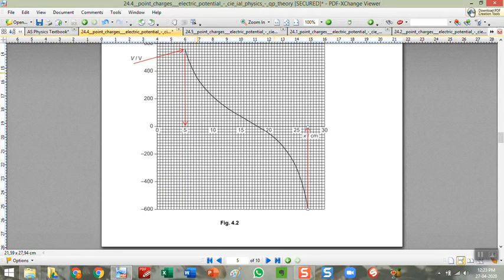The slope is constantly negative, and the slope of the potential gradient is equal to the electric field. So since there's never a point where the slope is 0, the potential gradient of the electric field between them is never 0.